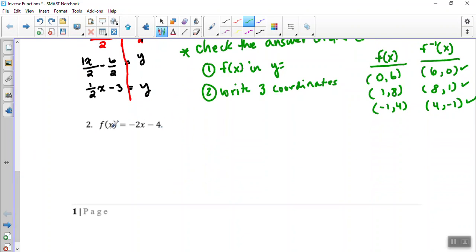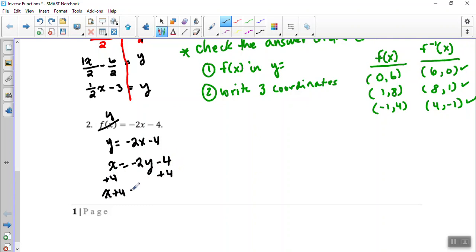So same thing. What I'm gonna do is I'm gonna take my f of x. I'm gonna say, well, this is my y. So you have y equals negative 2x minus 4. I'm going to switch these, so this becomes x equals negative 2y minus 4. And then I'm going to solve. I'm going to get rid of this, I'm going to add 4 on both sides. So this is x plus 4 equals negative 2y. Divide both sides by negative 2.